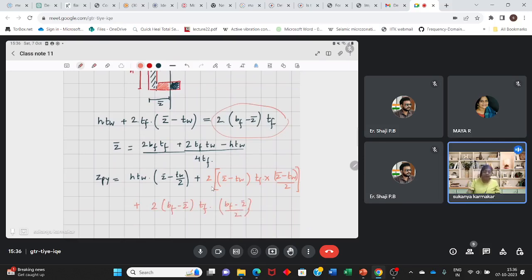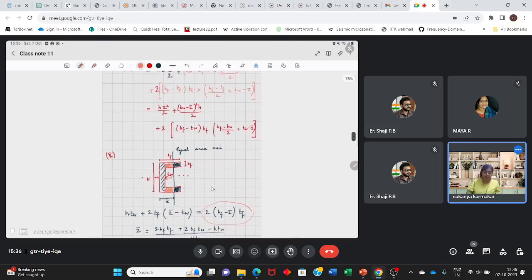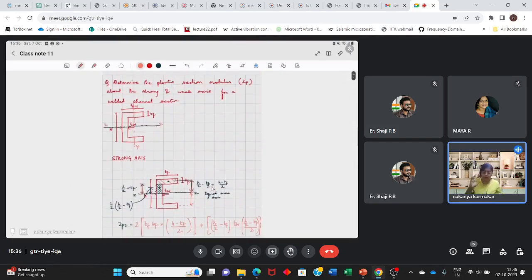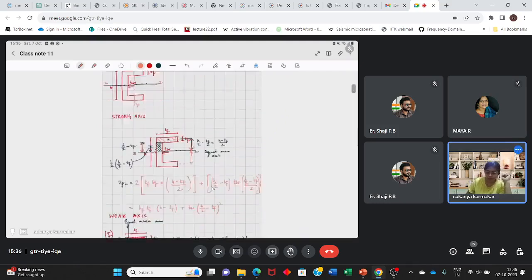On simplifying this, you'll get Zpy. So I hope this concept of calculating plastic section modulus is clear. In the lectures you have seen how to do it for an I section, and here I've shown how we calculate it for a channel section.